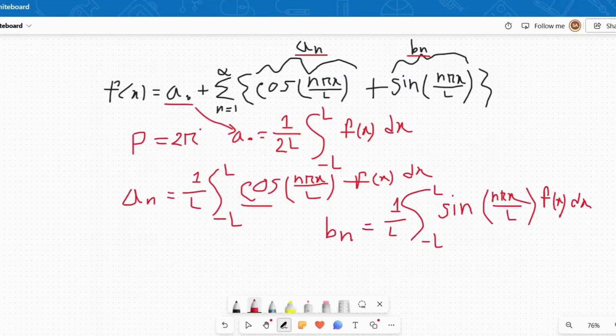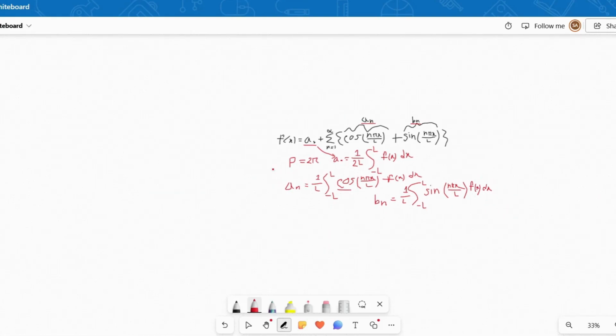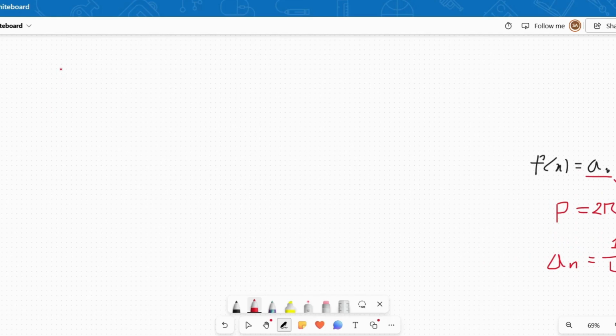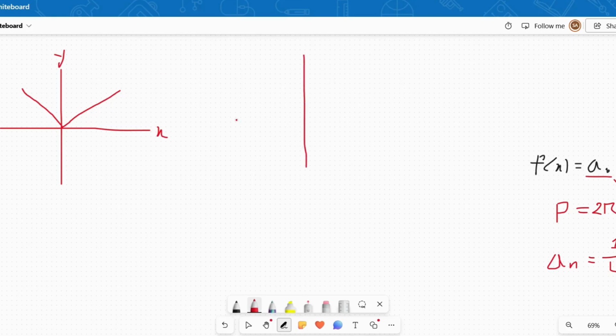So let's learn another important thing, which is even and odd. Let's write this. Can you tell me if this is an even function or an odd function? Comment down below if you know the answer.